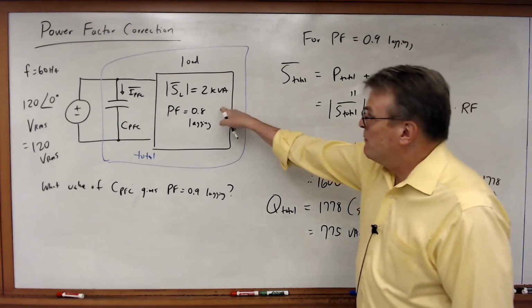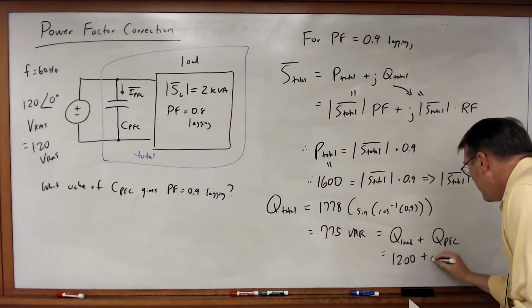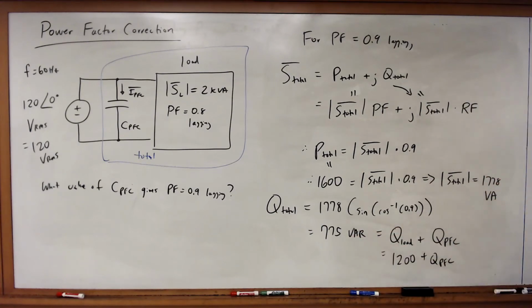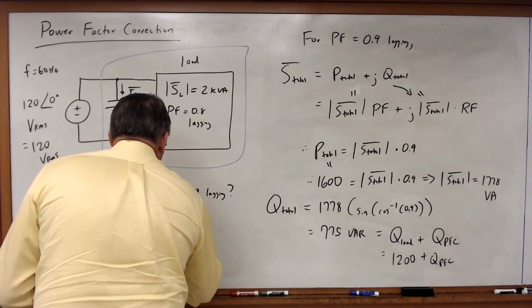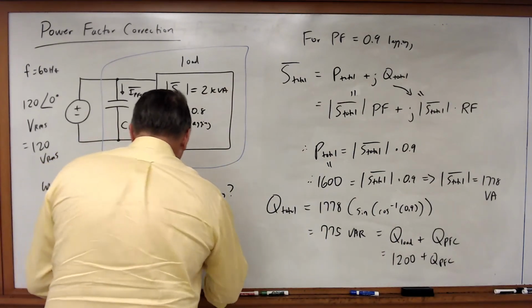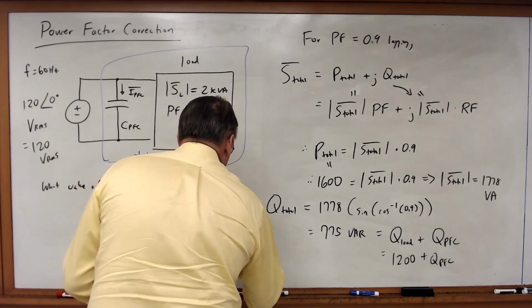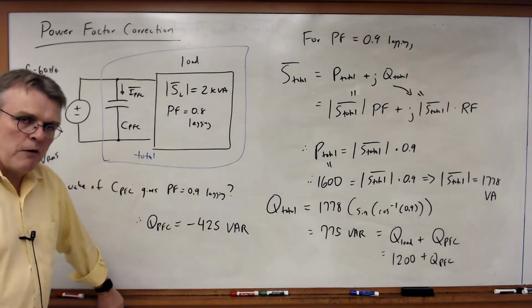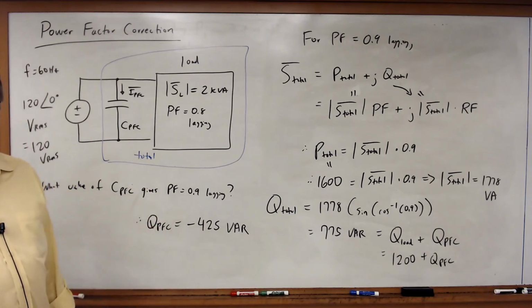The reactive power of the load isn't changed, plus QPFC must be equal to 775. And therefore, QPFC will be equal to minus 425 VARs. So we're partially canceling the reactive power of the load. Not completely, just partially. And that's how much we need to cancel it.